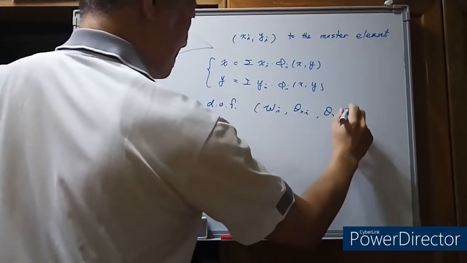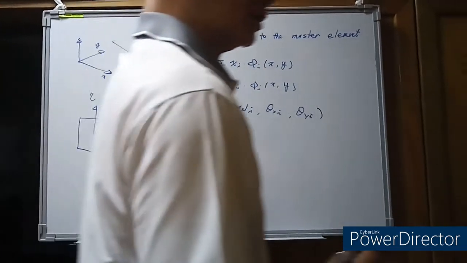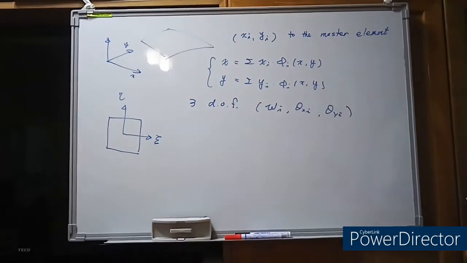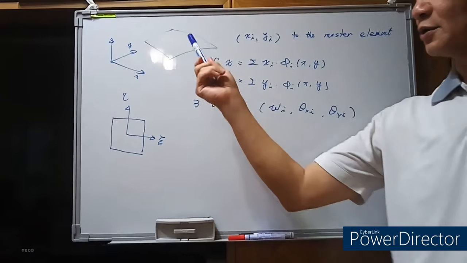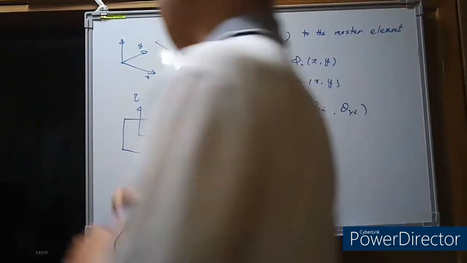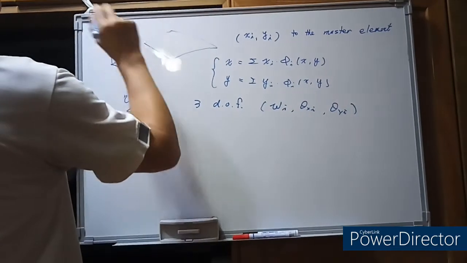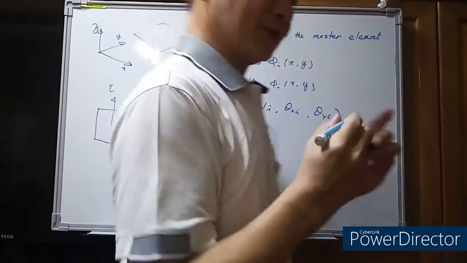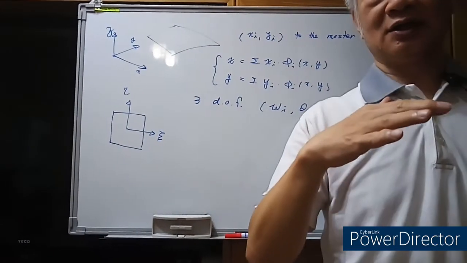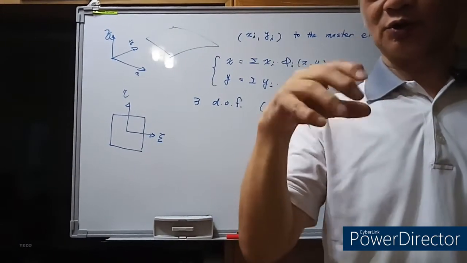Okay. For each nodal point, we need to assume three displacements. First, the Wi, which is the vertical displacement along the z direction. So remember the plate bending element, we consider only the vertical loadings.